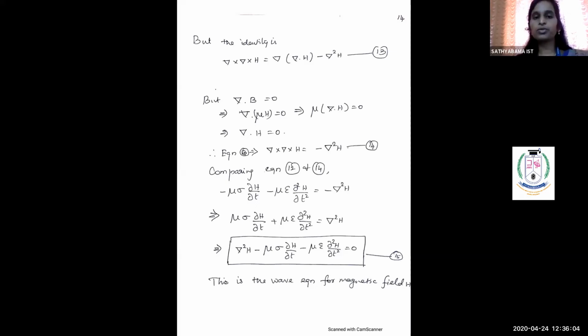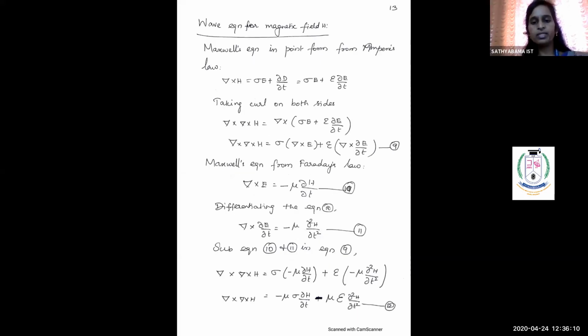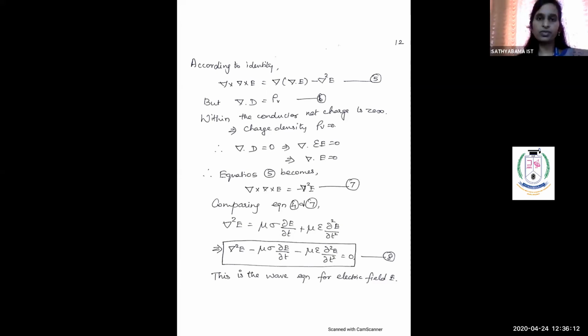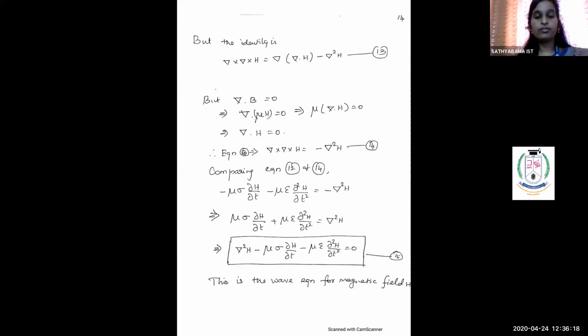Our 8th equation, see here, is the wave equation for electric field. I told you, see this equation carefully. In the same way our 15th equation is the wave equation for magnetic field. These two equations you are going to use to find out the wave equation for free space.